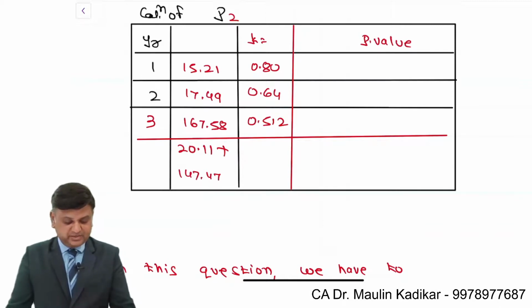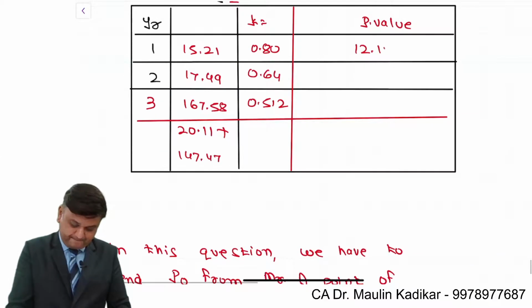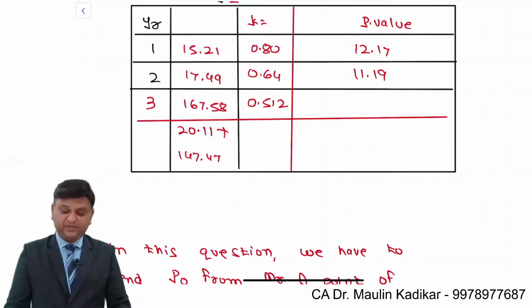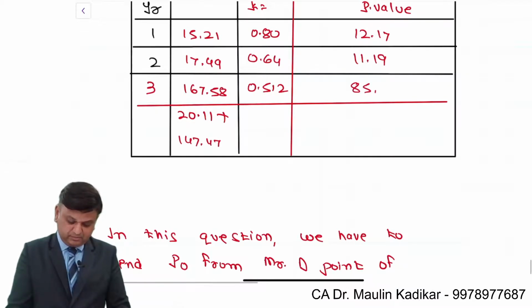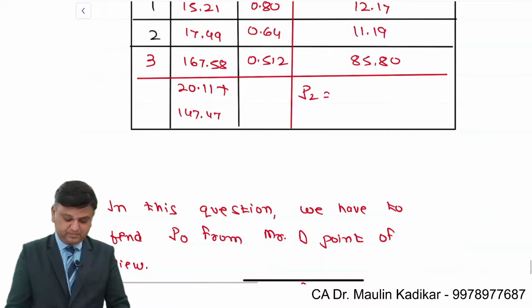So the present value is 15.21 into 0.8, that is 12.17. 17.49 into 0.64 is 11.19. 167.58 into 0.512 is 85.80, and the total of all of them will become P2.